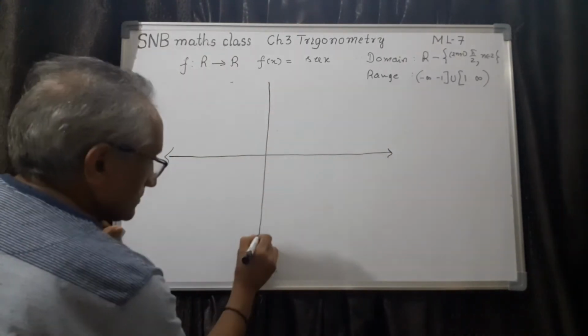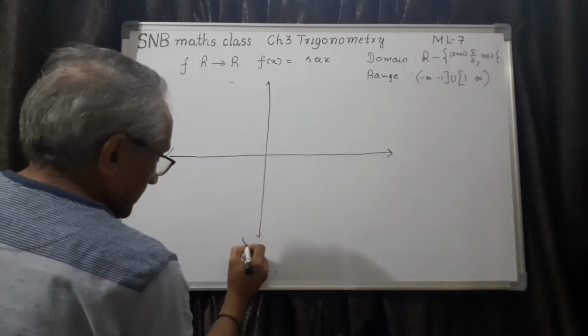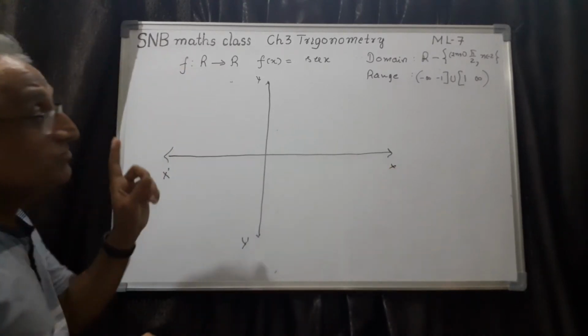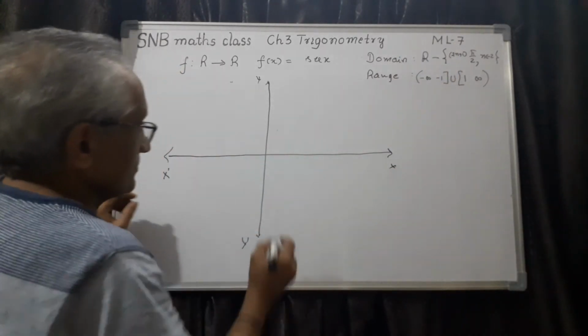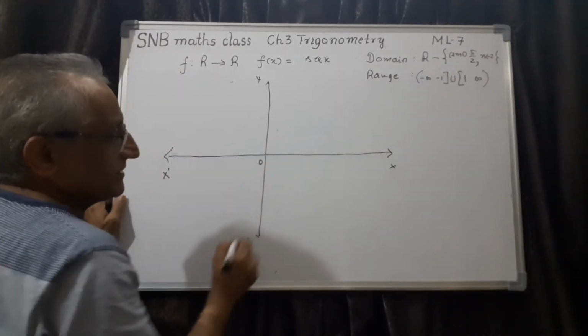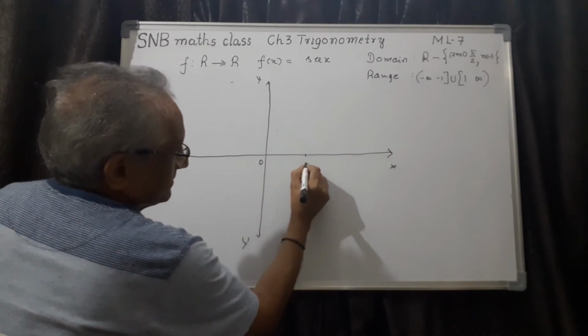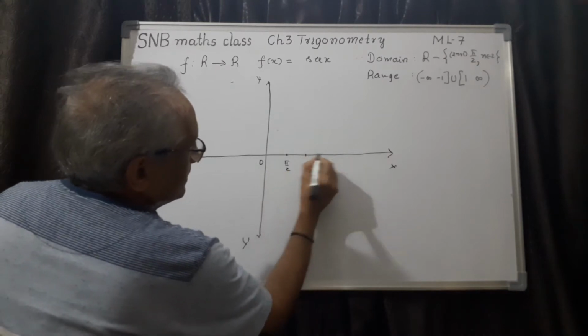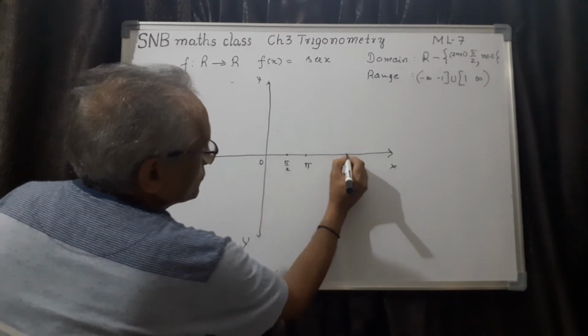So you have to take y dash y and x dash x. Now first you decide where it is not defined. This is 0, definitely it is defined. I will take pi first, and pi by 2 it is not defined. Then I will take exactly this one, this is 2 pi.